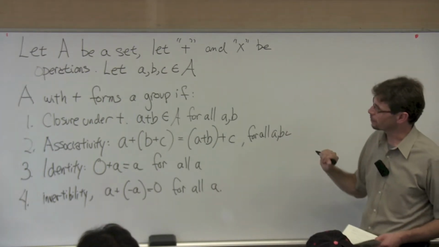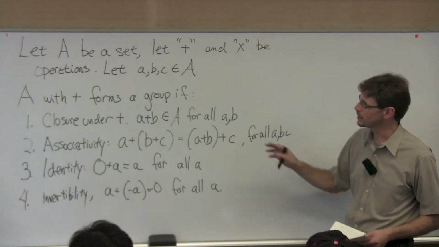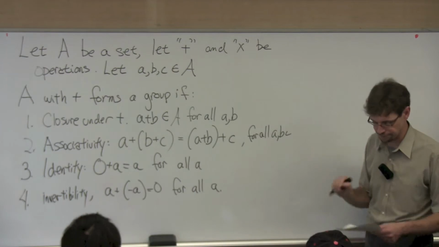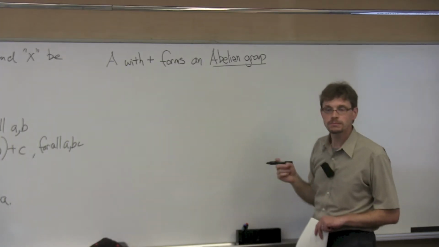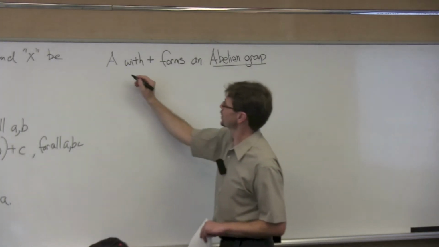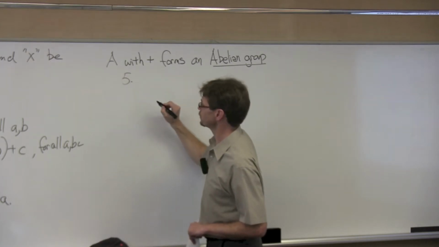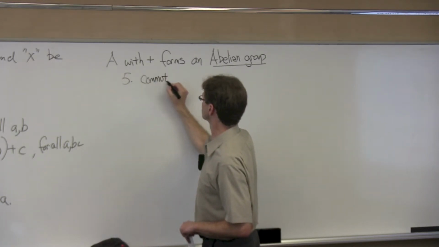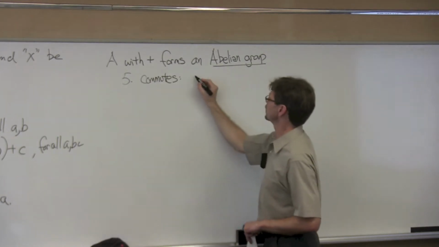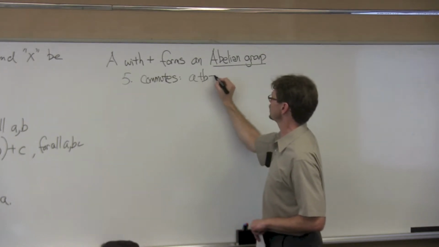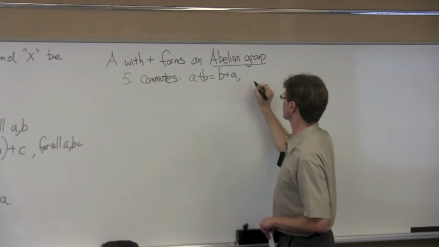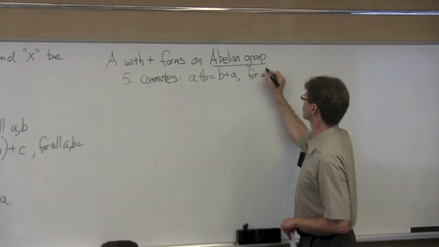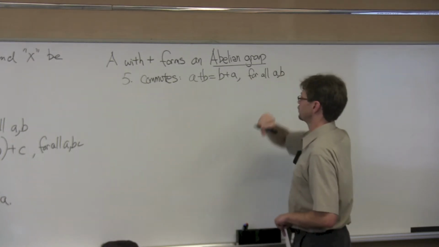All right, if the set and the operation satisfy these properties, then we say it forms a group. An abelian group is a special type of group that has an additional property, 5. It commutes. That is, a plus b is equal to b plus a for all a and b.